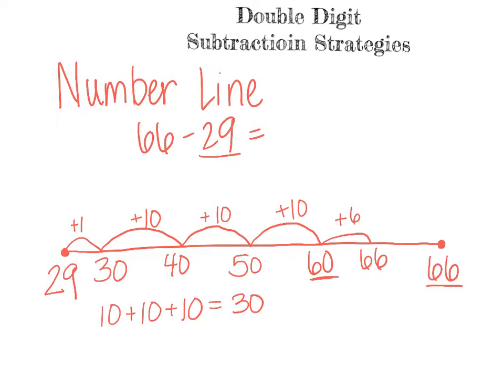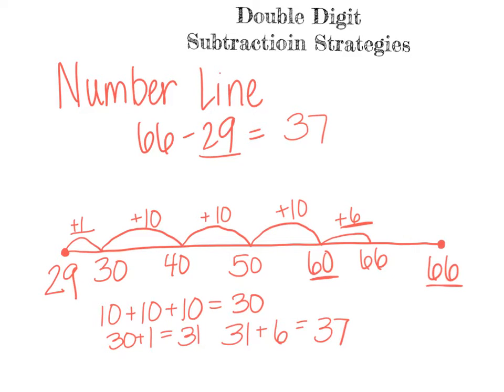Then I need to add 1. 30 plus 1 equals 31. Then I need to add the 6. So 31 plus 6 equals 37. So 66 minus 29 equals 37.